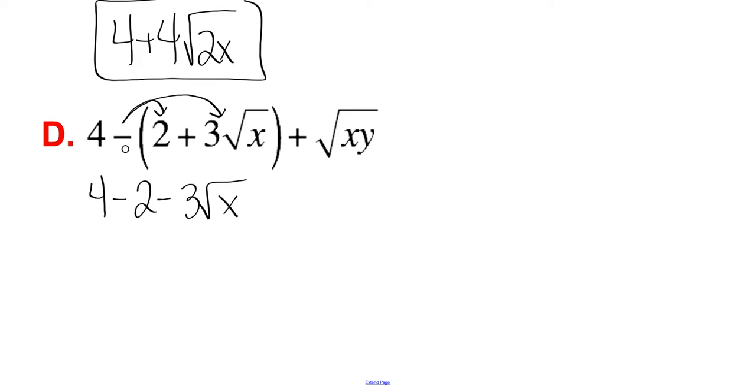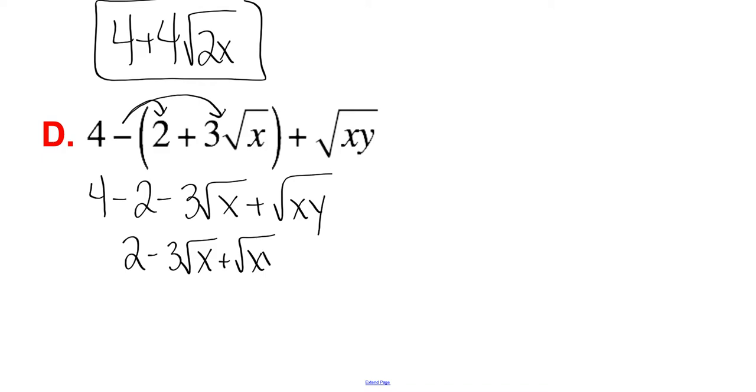Now that negative does not multiply into this, okay? It would just turn whatever is on the outside negative, or it would multiply whatever is on the outside, okay? Plus square root of xy. Now combine like terms. The only thing we can do here is these right there. We can only combine those. So 4 minus 2 is a 2. And then we have these radicals just kind of trailing behind here.